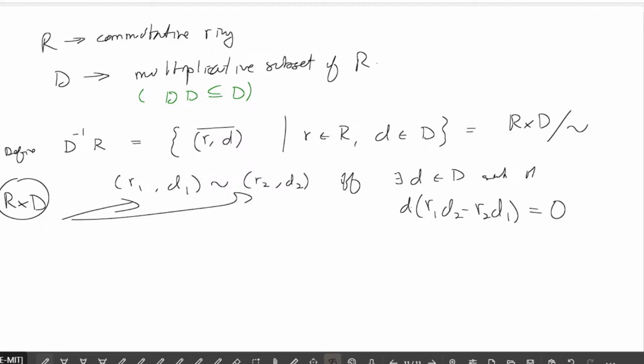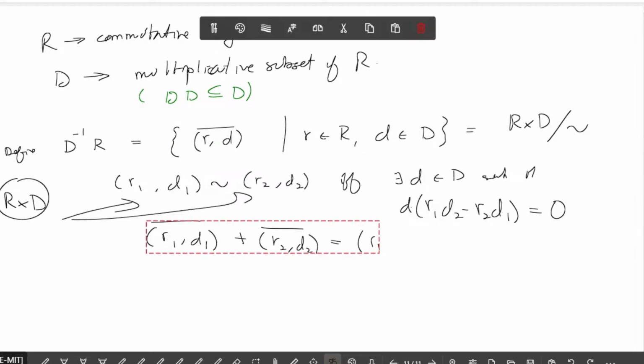Then you can define operations on this as follows. If you have the class of (r1, d1) plus the class of (r2, d2), how do you define this? Let's go for a more intuitive notation.